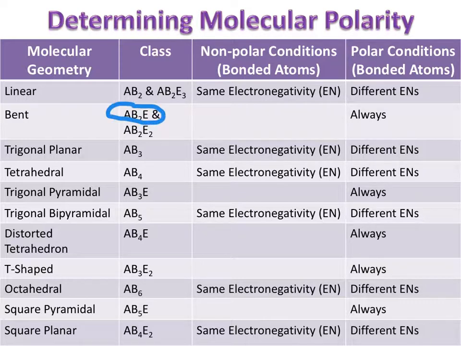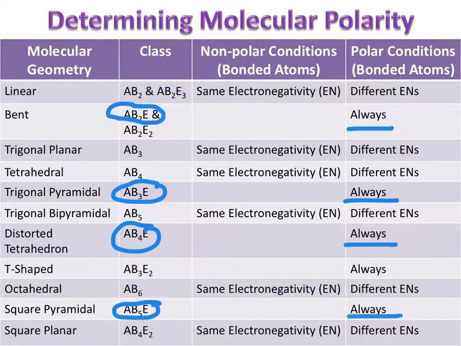AB2E, always. AB3E, always. AB4E, always. AB5E, always. So that basically establishes a rule. If we have one E, it's an always.